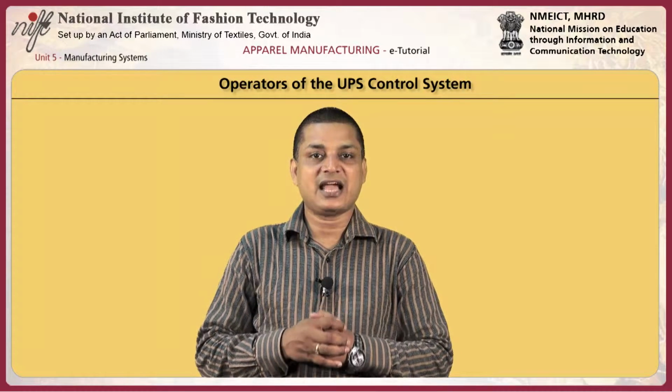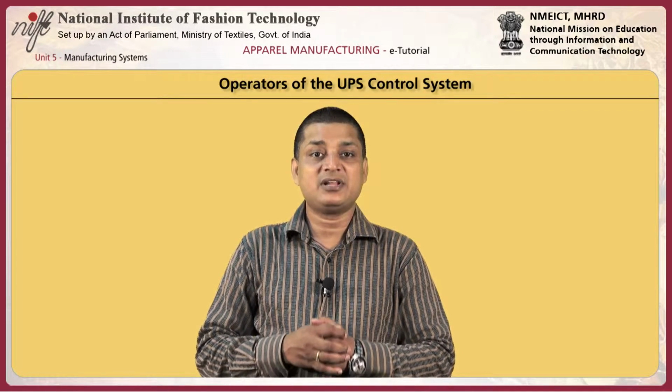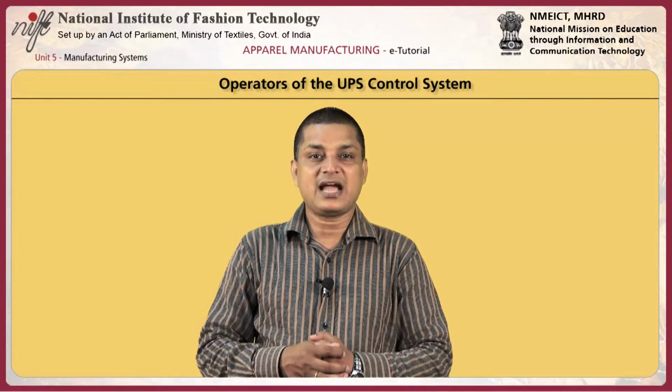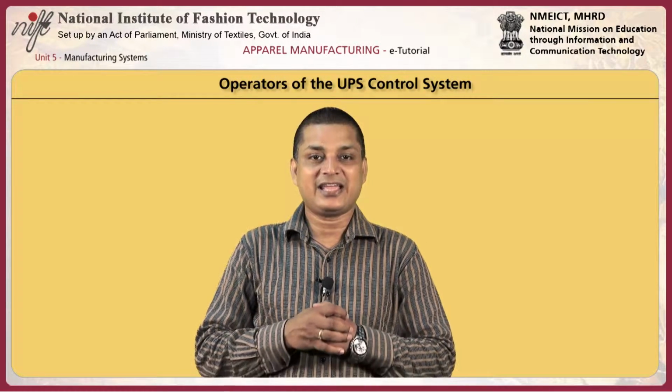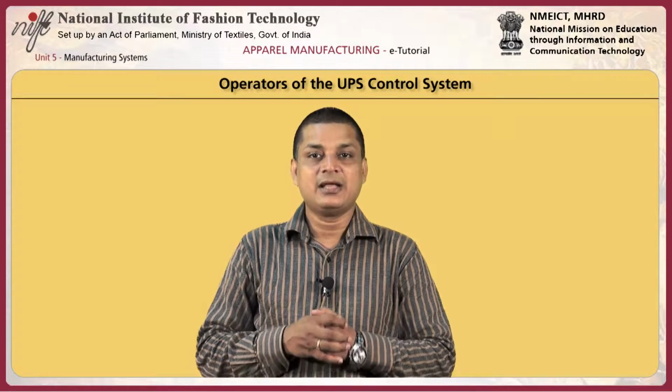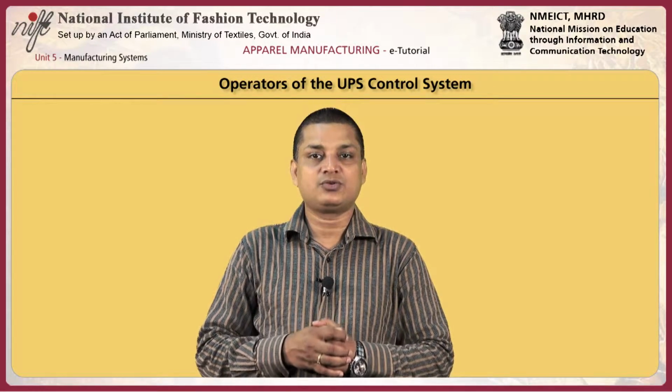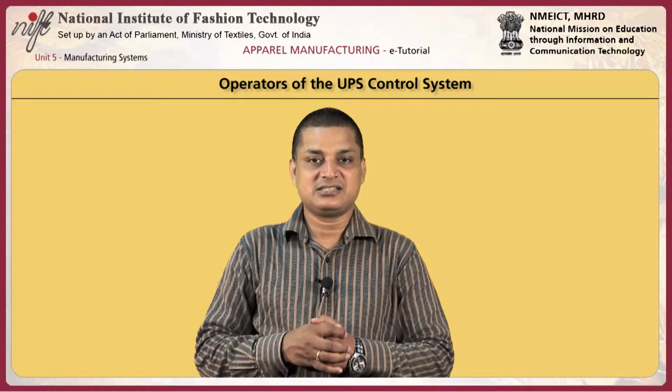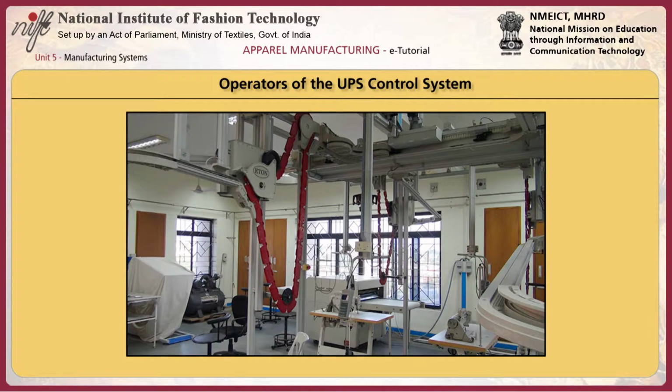The terminals at each station enable the central control center to track each unit at any given moment and provide management with data to make immediate decisions on routing and scheduling. Operators of the UPS control center can determine sequences of orders and colors to keep operators supplied with work and to minimize change in equipment, operations and thread colors.